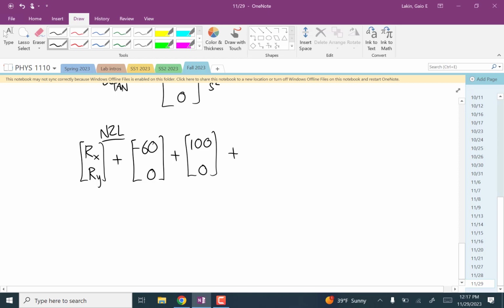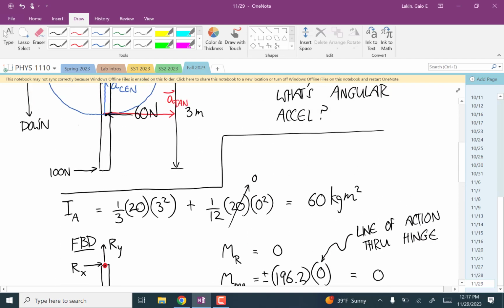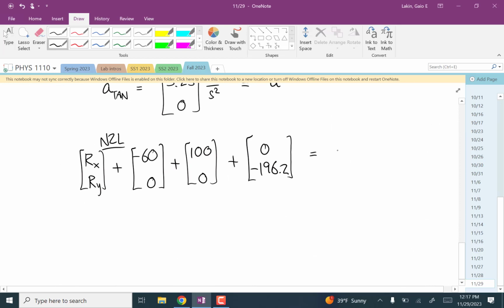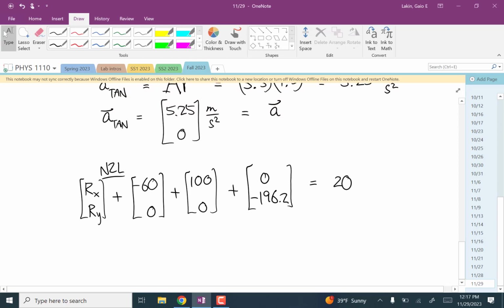The weight in the negative y direction, 0, negative 196.2. And all that is equal to the mass, 20 kilograms, times the acceleration of the center of mass, which is 5.25, 0.